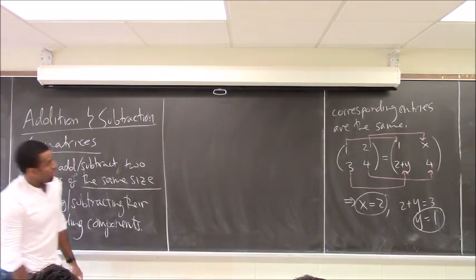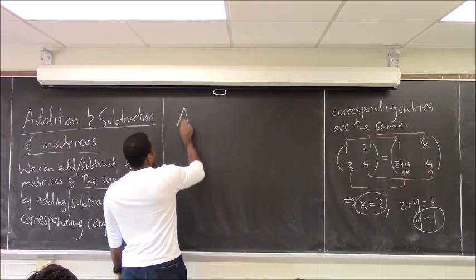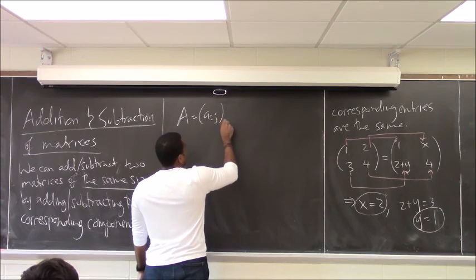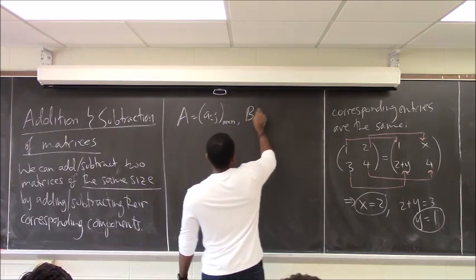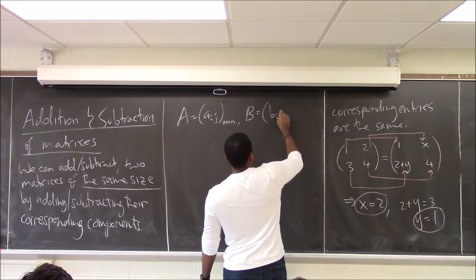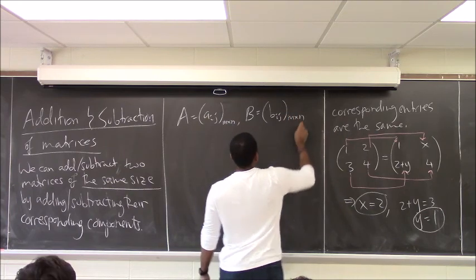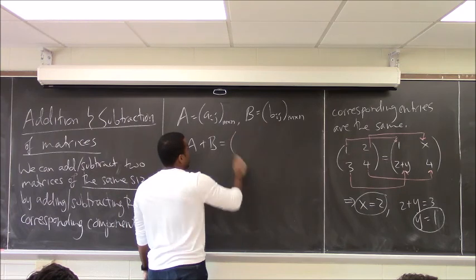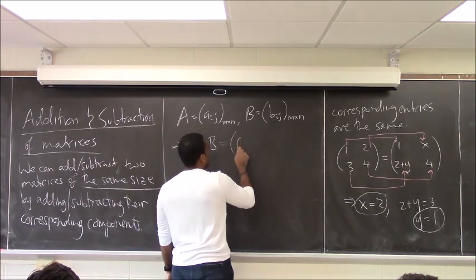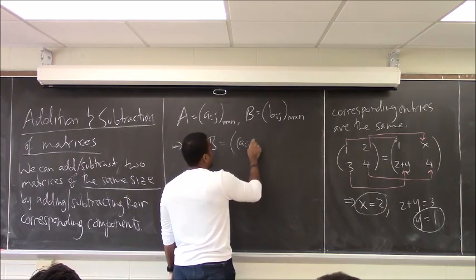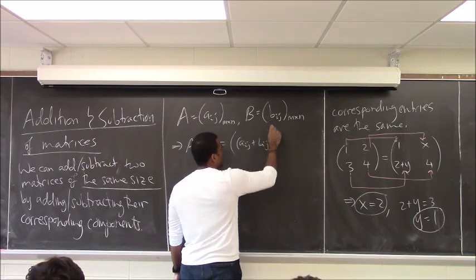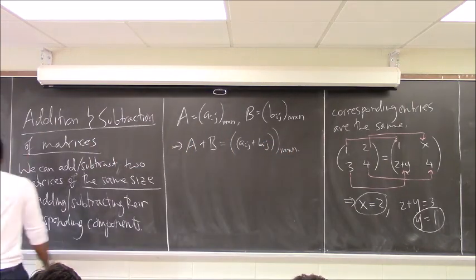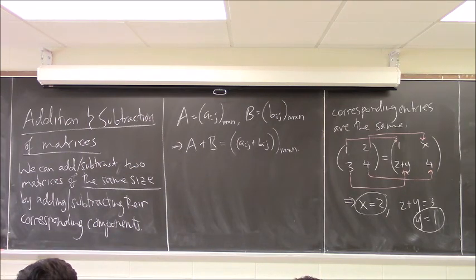So, if A is the matrix a_ij, let's say this is an n by n, and B is the matrix b_ij, this is also an n by n, then I can add A and B, and that matrix is going to look like a_ij plus b_ij in each component, and it will also be of size n by n.